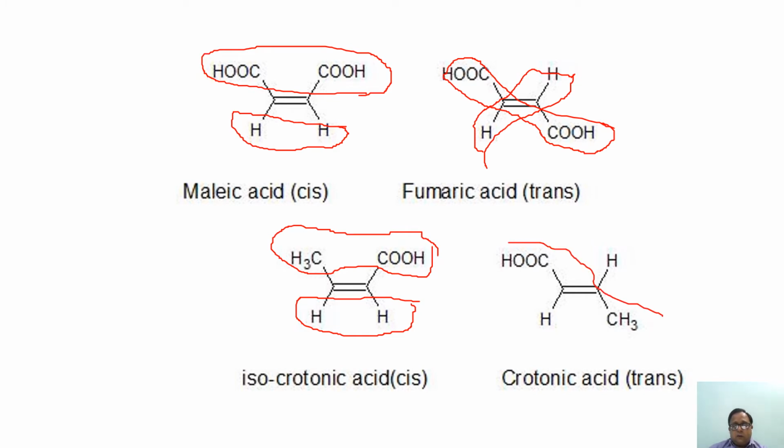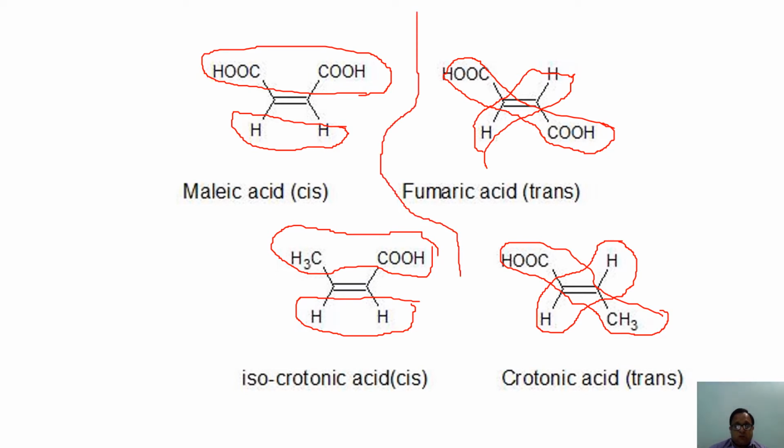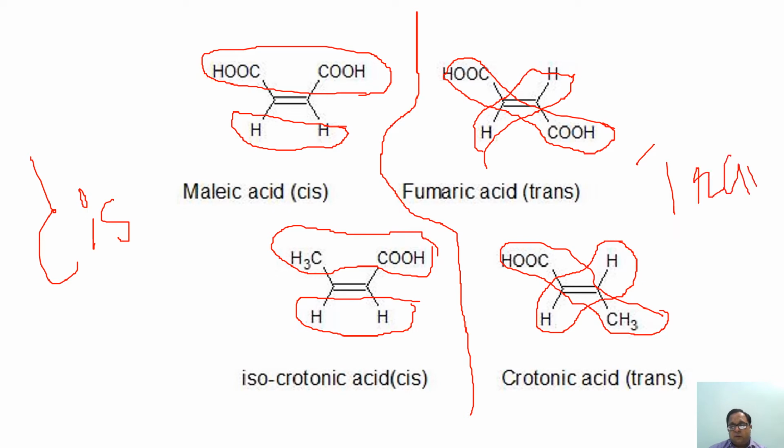Here the carboxyl group and methyl group are in alternate positions and the hydrogens are again in alternate positions. So we can say the structures shown on the left-hand side are cis, and those on the right-hand side are trans.